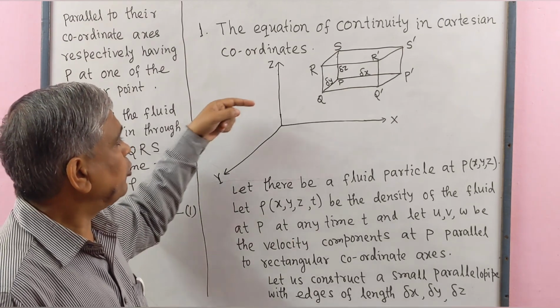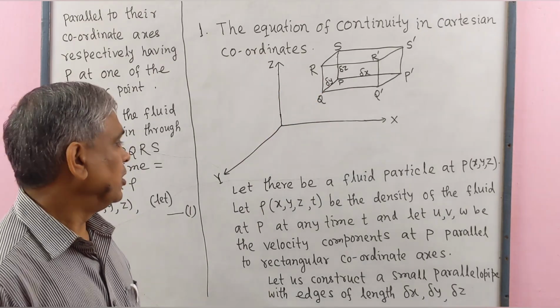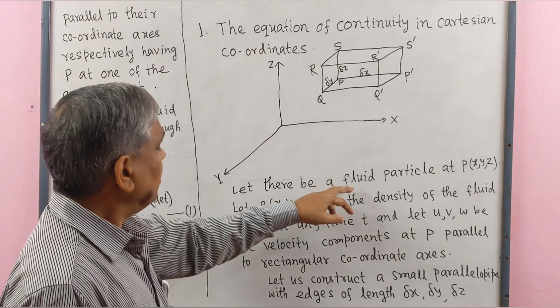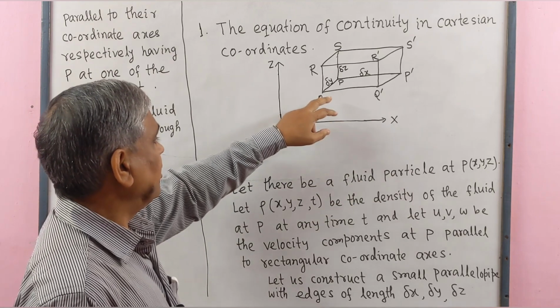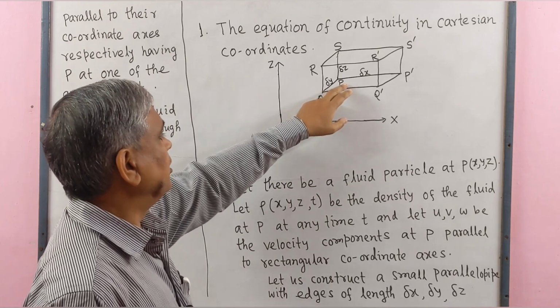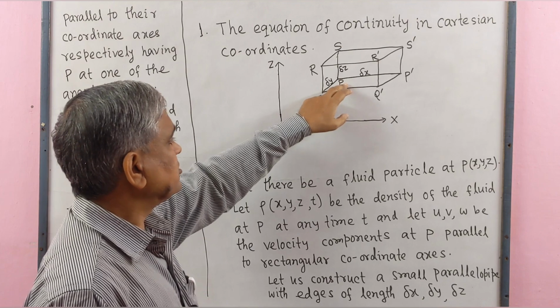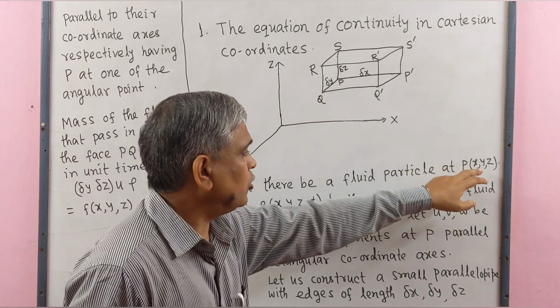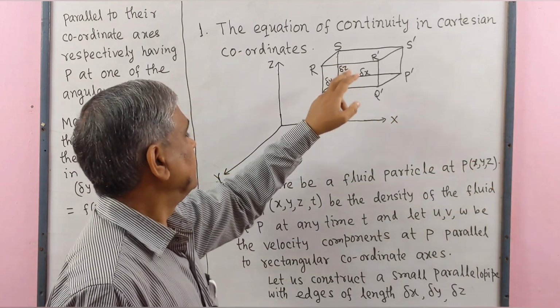Since the fluid flows, let there be a fluid particle at the point P, whose coordinates are x, y, z.